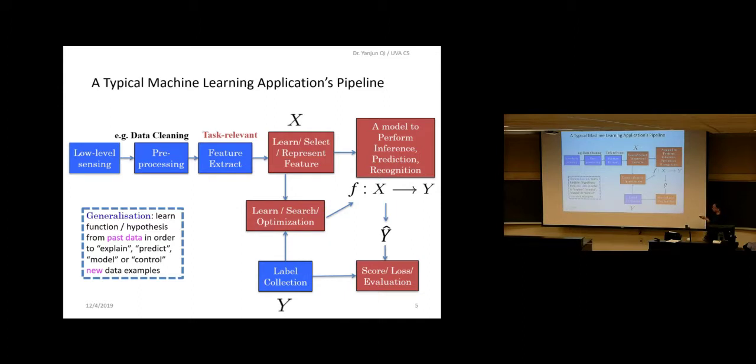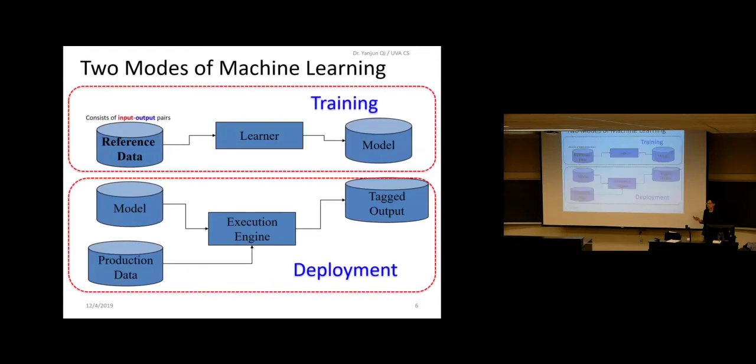And the global goal of machine learning, how to find that algorithm, is that we aim to generalize well from the past data to the future data. So generalization is the key. And then there are normally 2 modes. What we just covered, from data to the method, is only the training phase, but there's another mode of machine learning, the deployment mode.